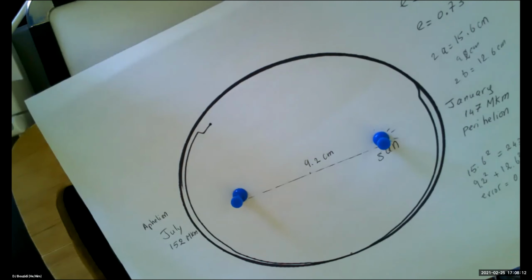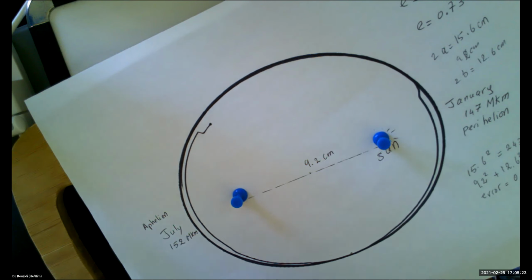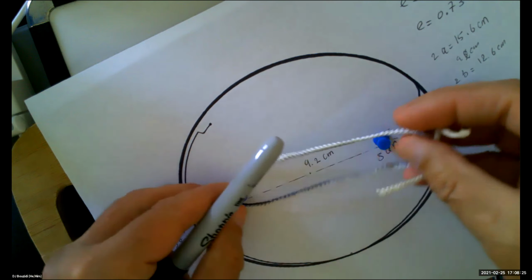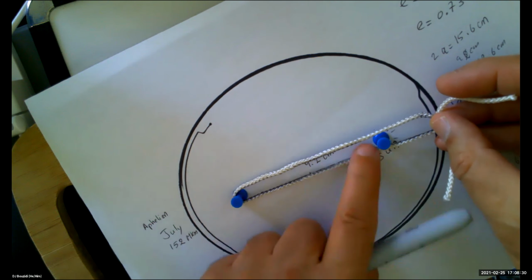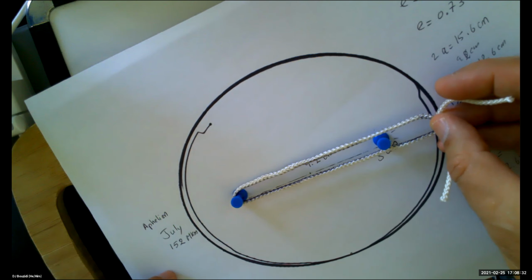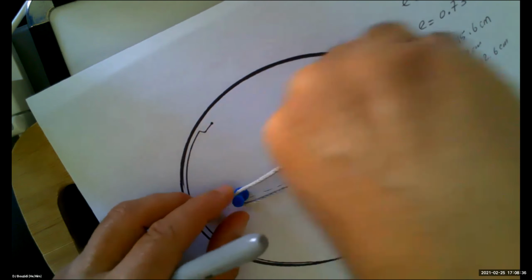Yes. Okay, so you're going to get a string. You're going to get a pen or a marker or a pencil, whatever you like, it doesn't matter. And you're going to tie the string in such a way that it is slightly longer than the distance between where you fix the points. Don't make it too tight, because then you will have a hard time running it around this thing.